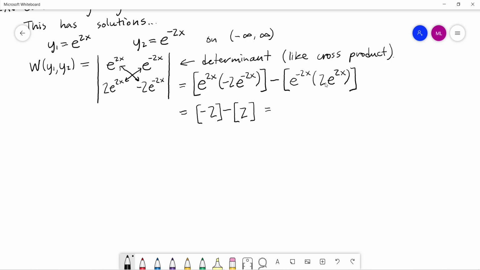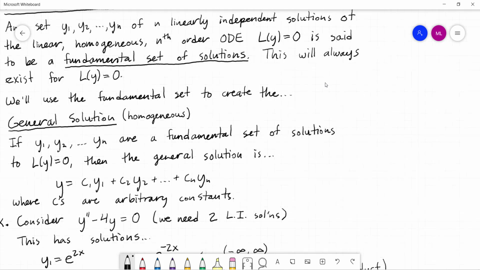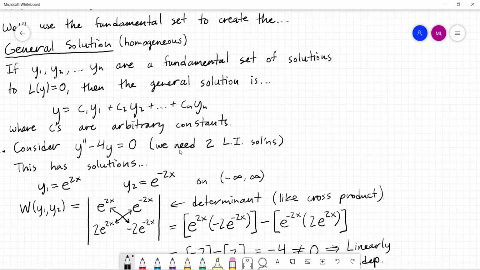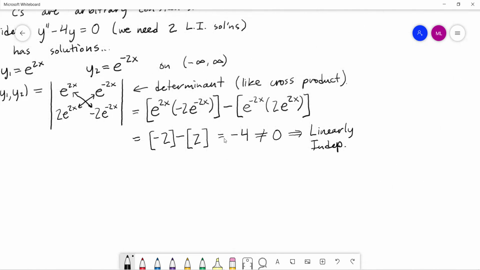So I've got negative 2 minus 2 for a total of negative 4, which is not equal to 0, which implies that they are linearly independent. So that was our check. If you go back to the Wronskian thing, we said as long as the Wronskian is not equal to 0 for all the x on the interval, and for us, right, we just got a constant.